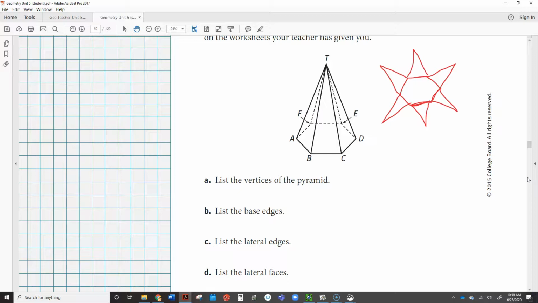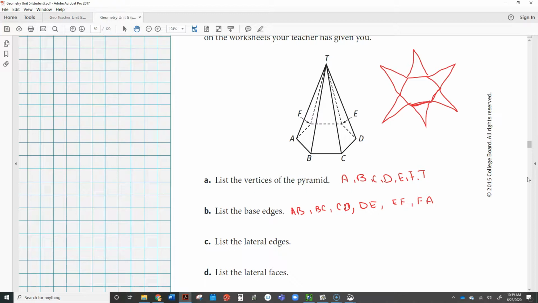So the vertices are going to be A, B, C, D, E, F, T. List the base edges. So it would be AB, BC, CD, DE, EF, and FA.